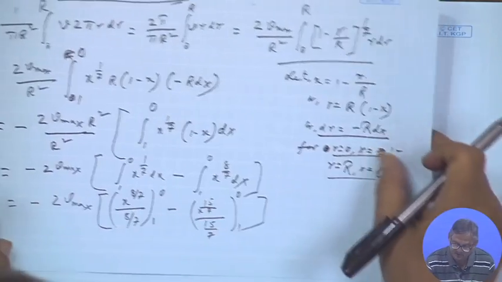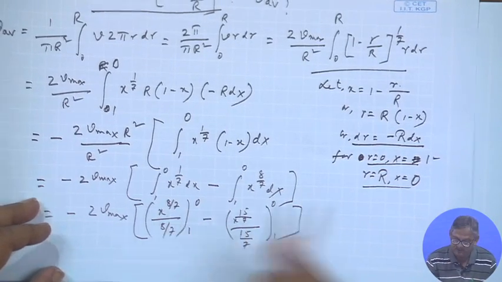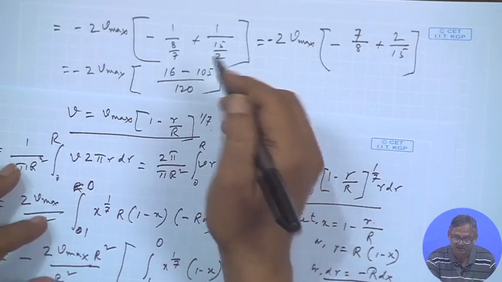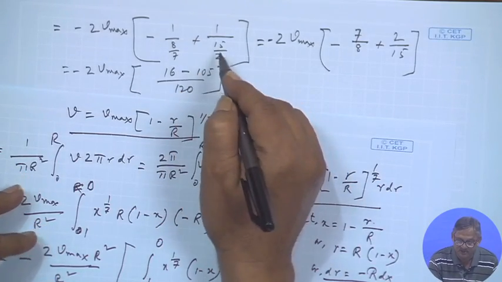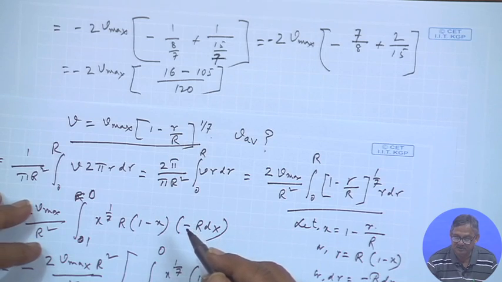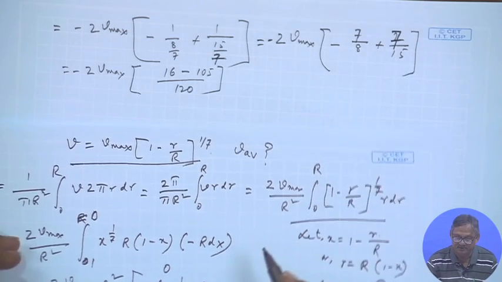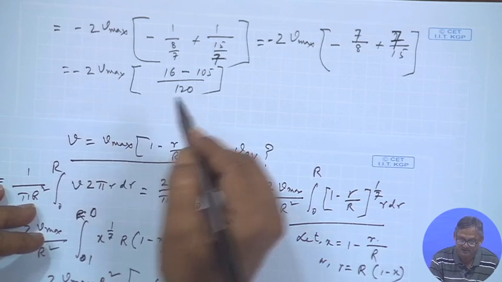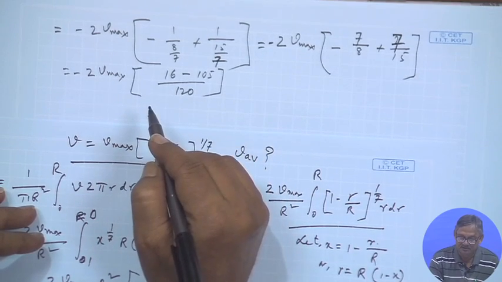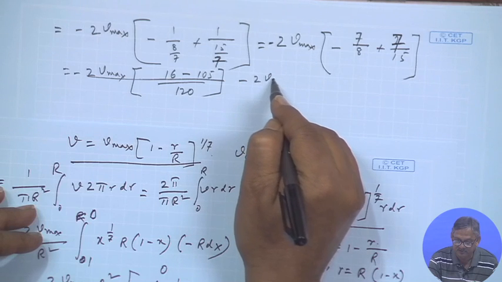How come it is 2? This is x to the power 1 by 15 by 7 and 8 by 7. So, this is 1 by 8 by 7, this is 15 by 7, that is what the mistake was. So, it is 15 by 7.